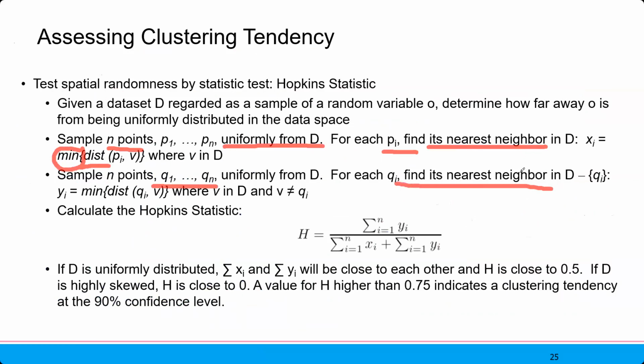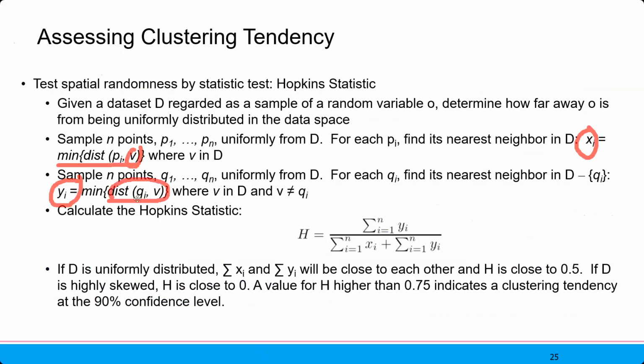So for the nearest neighbor here, I split it into X and Y. X is the collection of minimum distances from I to any V, and Y is the minimum distance from Q to any V.